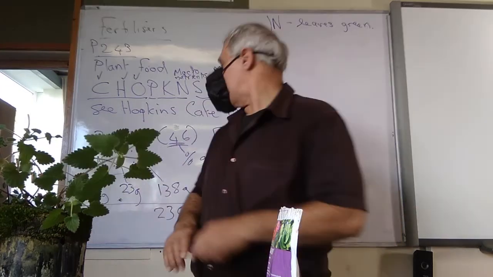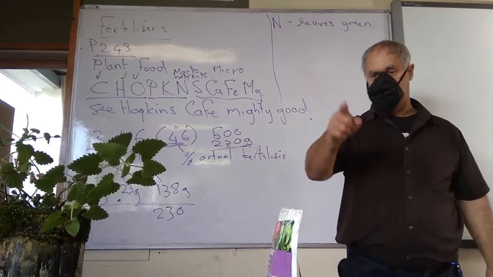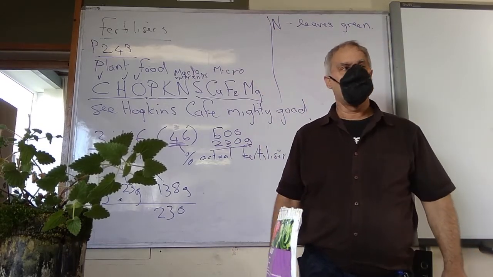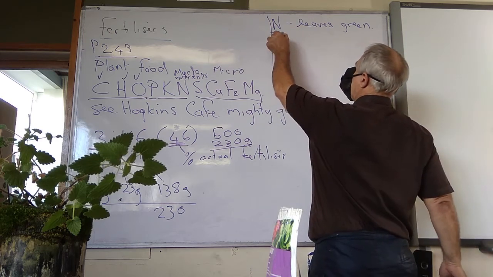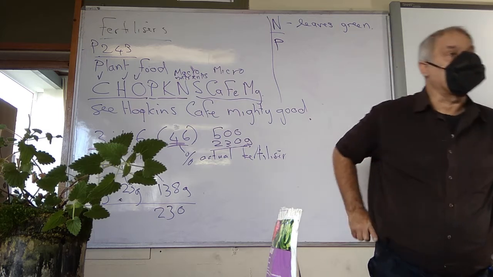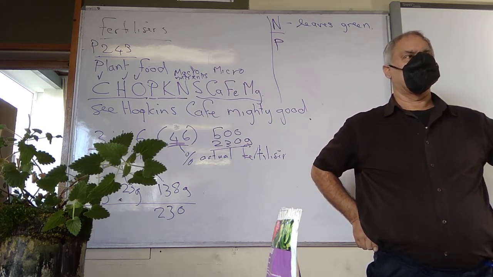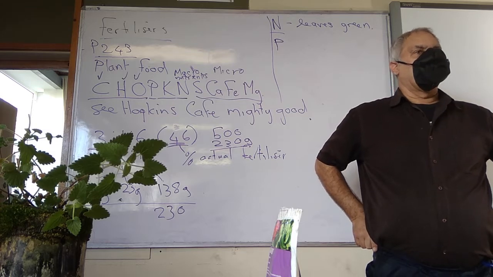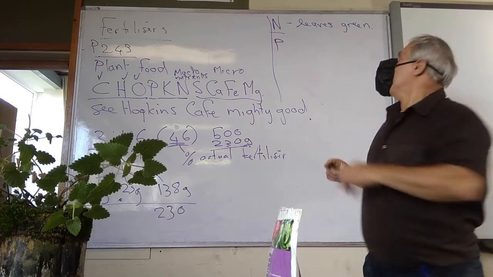Now we come to N. Now we come to P. Now what is P good for? Well, I look at the shape of the P. And I see the ground, and I see this P growing into the ground, and I see, what am I drawing here?